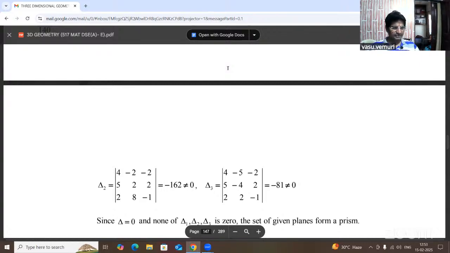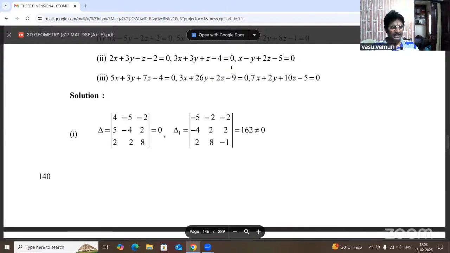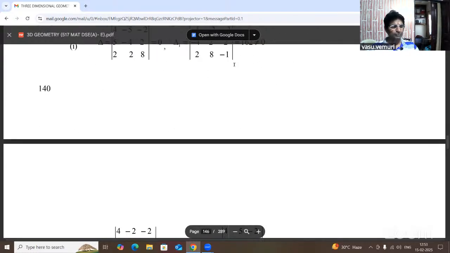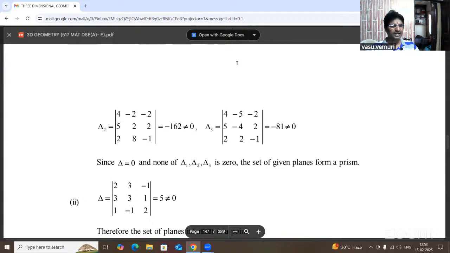Given the planes, delta 2 is not equal to 0. Delta 3 is in the same manner: without the constants, write the coefficients of x, y, z. So we get the values of delta 1, delta 2, delta 3.